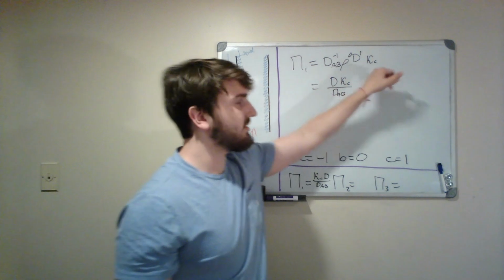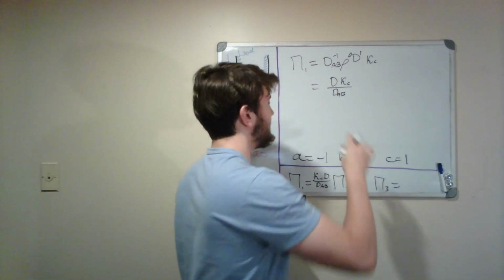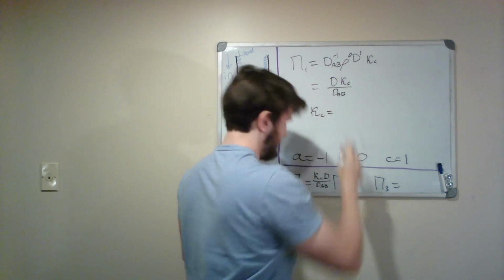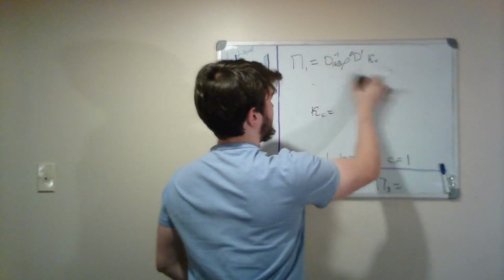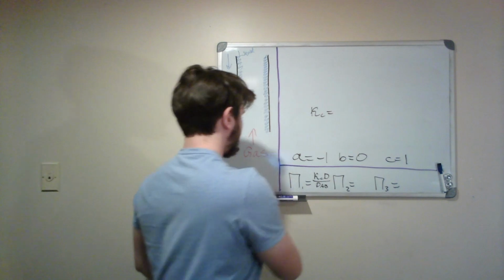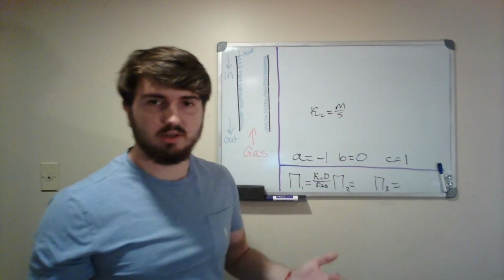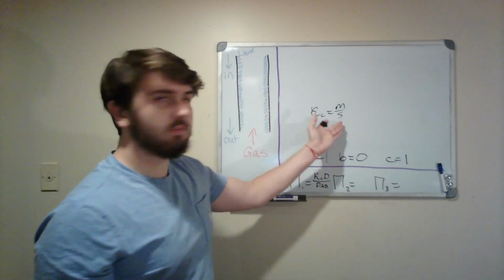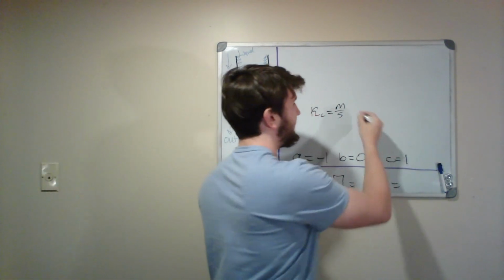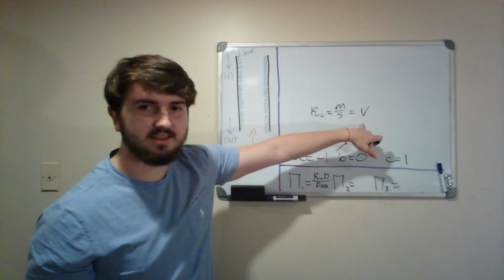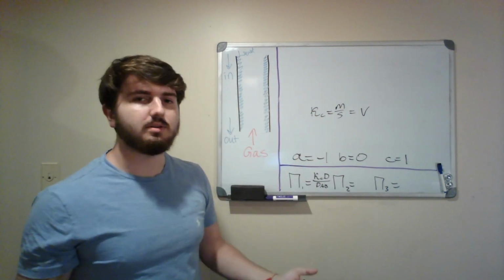Now, next we're going to move on to pi 2, but this one's actually a lot easier, because we know that the units for Kc, the mass transfer coefficient, are meters per second. While solving the problem, that's what really matters, that meters per second. And we know that meters per second is also equal to the velocity. Not saying that these two are equal to each other, but the units are the same.